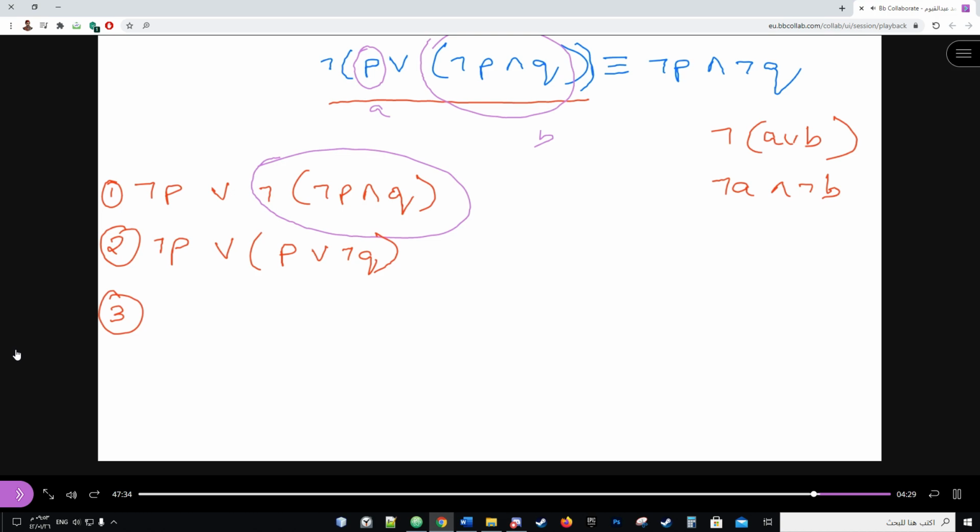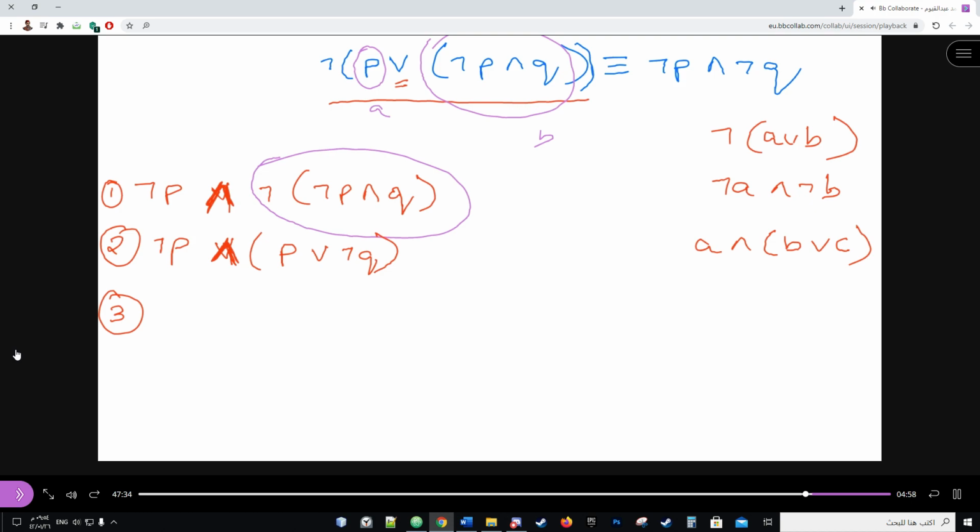Now this expression is in the form, I've made some mistake here. Who can tell me where the mistake is? The mistake is in this sign. This should have been and, not or, because there was an or over here, it had to be changed. Now this expression is in this form, so we apply the distributive law.